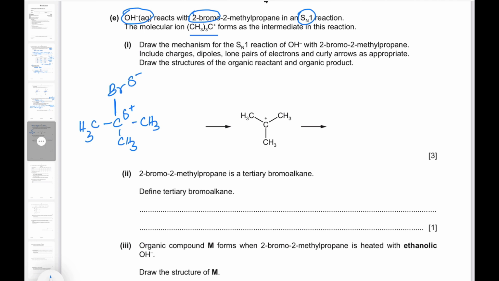So this will result in heterolytic bond fission, which means as the bond breaks, both of the electrons in this bond will be gained by bromine, which is why you have a plus charge on the cation over here. And then hydroxide ion, being a nucleophile, will be attracted to this, and a new bond will form between the cation and the hydroxide ion, resulting in this tertiary alcohol.